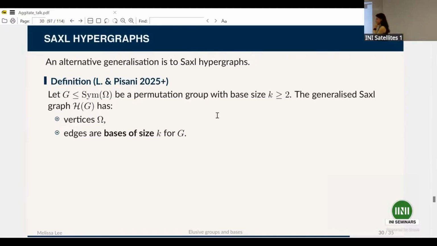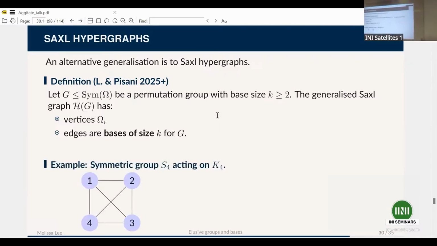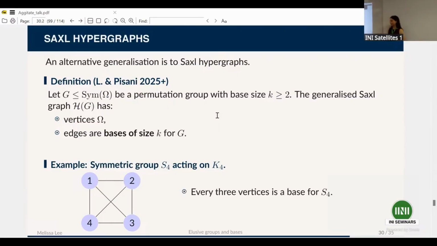What about in the hypergraph version? In the hypergraph version, again, this definition is exactly what I just said earlier. You still have the same vertex set, but now your edges are just the bases of size equal to the base size of your group. Right, let's see our example. I do apologize, my TikZ skills are not good enough to draw bubbles around things.